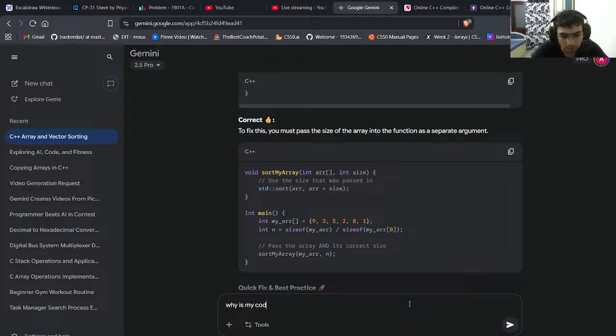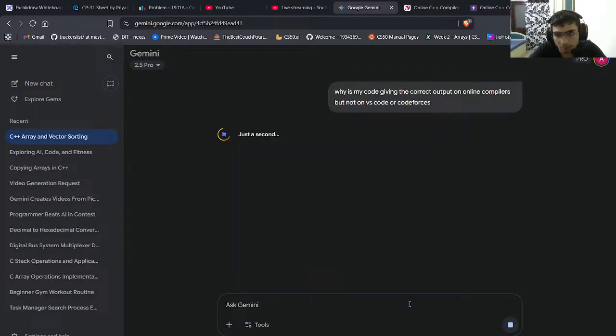Is my code giving the correct output on online compilers but not on VS Code or Codeforces?